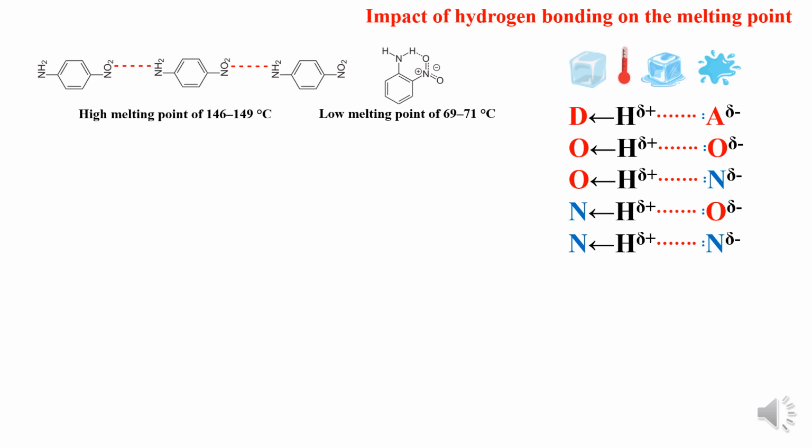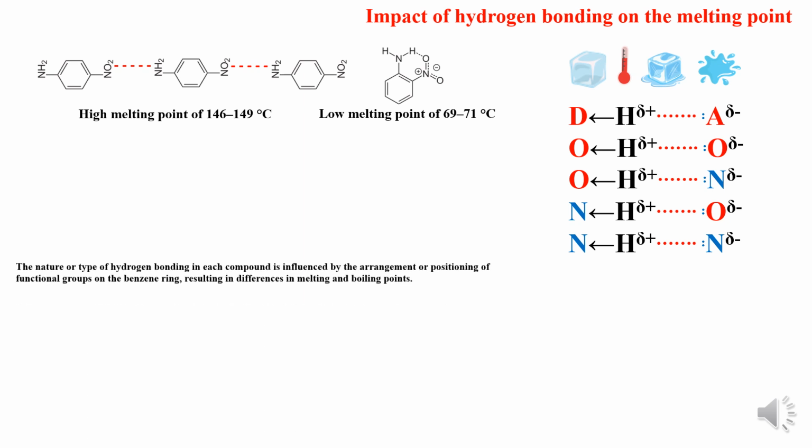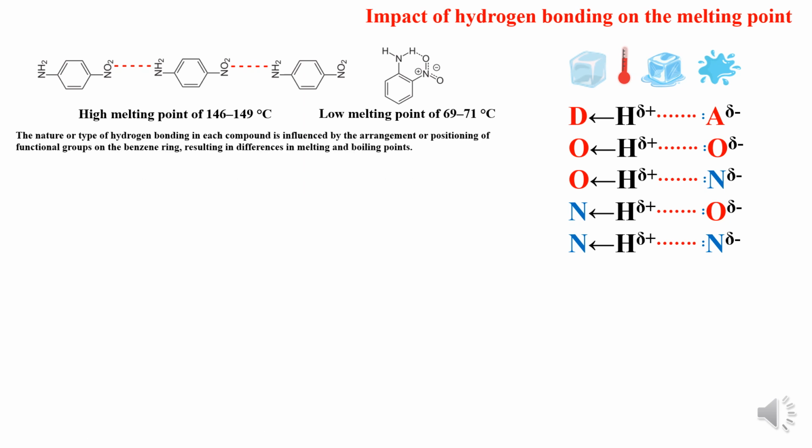Now this difference in temperature is because of the nature or type of hydrogen bonding in each compound, and is influenced by the arrangement or positioning of the functional groups on the benzene ring. The arrangement of the functional groups on the benzene ring results in the difference in the melting point between ortho-nitroaniline and para-nitroaniline.